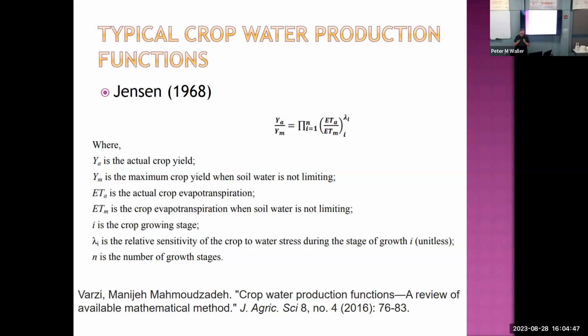So you're going to have a function where you evaluate the water shortage at each phase in the growth cycle, and then you add those all up, and you'll come up with your yield or your yield decrease. And that's why this is a summation sign. It's the different phases of the growing season.